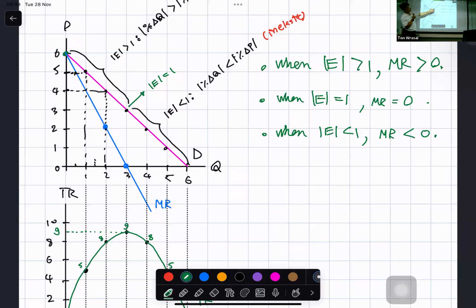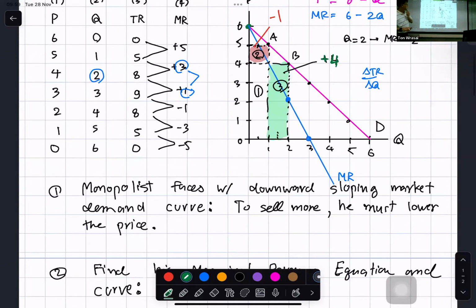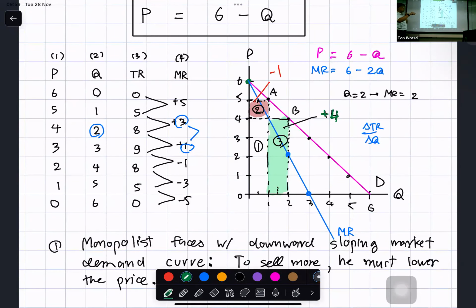Then there is only this segment where, when selling more, marginal revenue is a positive number. Let's check from here. You would want to work around here. At least you get plus something.